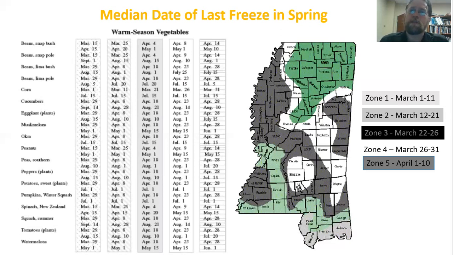But keep in mind for these planting dates, through the use of high tunnels and that season extension effect that we have, we're going to be able to plant a little bit earlier in that high tunnel than we will out in the field in the dates that are given on this chart.